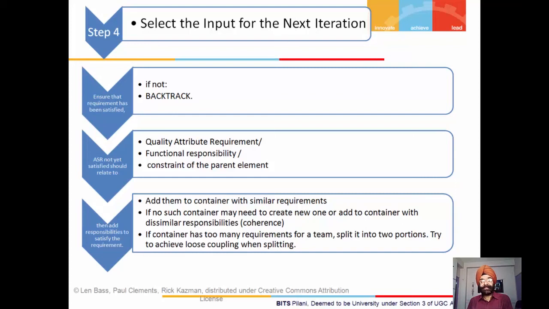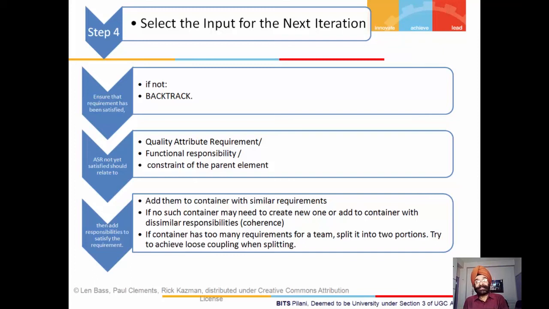What has not been satisfied should be basically functional responsibilities, constraints of the parents, or quality attribute requirements which are not to be met here. What are not satisfied, they have to be listed out. And then, having listed them out, you've got to assign them elsewhere.